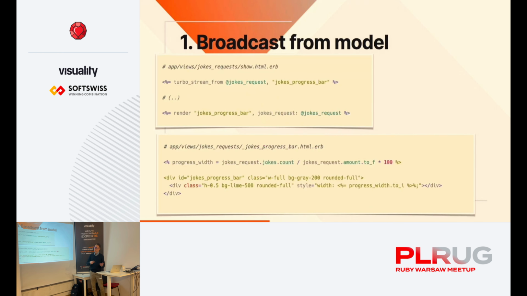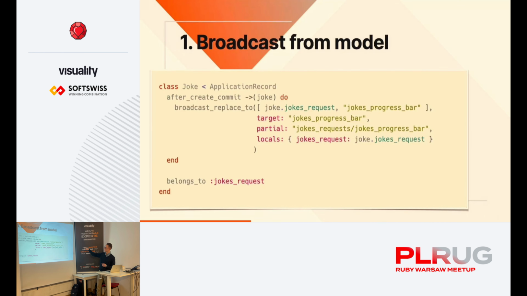So that was the model. On the front end we have a view, and there is first turbo stream from, which says that there is an open connection between the server and the front end, and this is the identification of this connection. It's identified by jokes request plus jokes progress bar, and as you can see, that's exactly what we had as the first argument in this broadcast replace to.